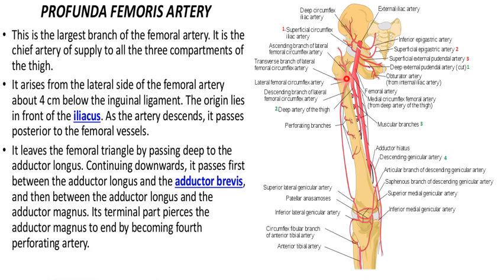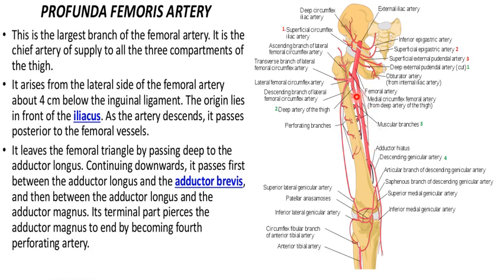Okay, and then it leaves the femoral artery passing deep to the adductor longus, that is at the apex, and it continues downwards. It first passes between the adductor longus and brevis, and then between longus and magnus in this area.